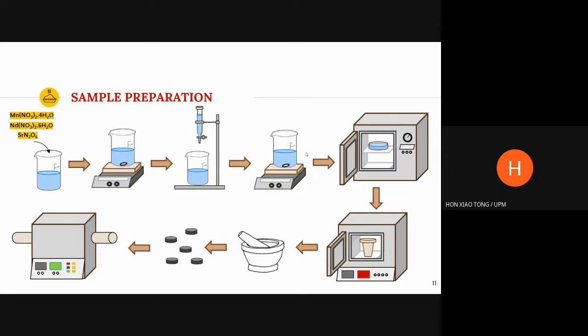The sample was then put into the crucible and undergoes calcination at 500 degrees Celsius for 5 hours. And next, the powder will be ground using pestle and mortar for 30 minutes and pressed into pellet form before undergoing the sintering process at 1000 degrees Celsius for 10 hours.